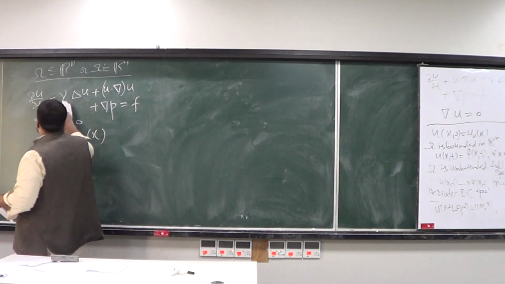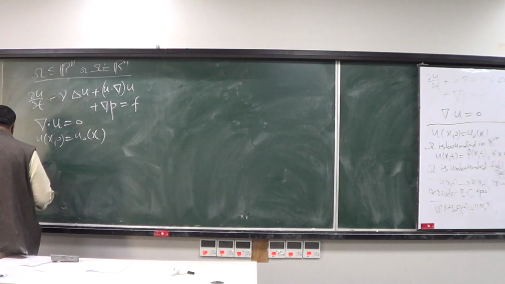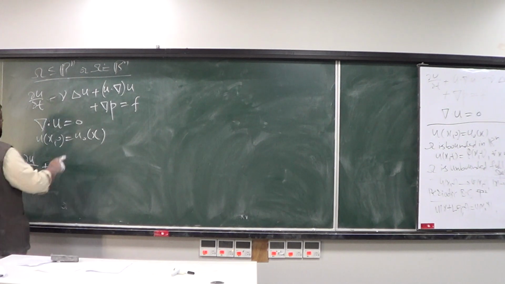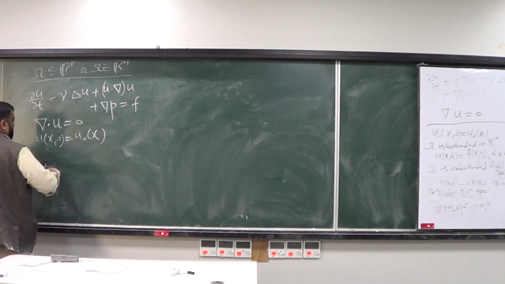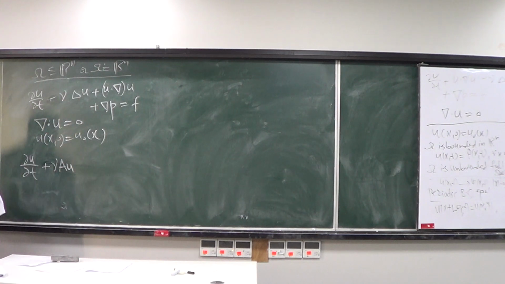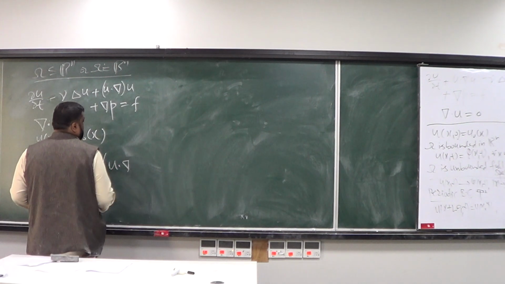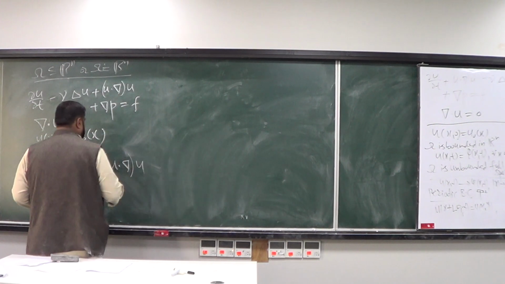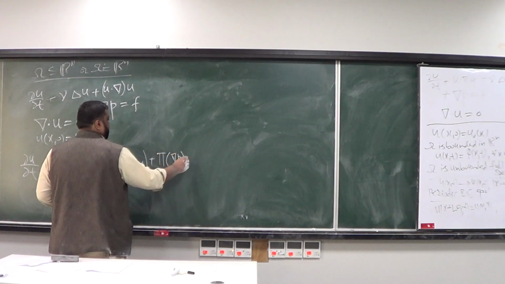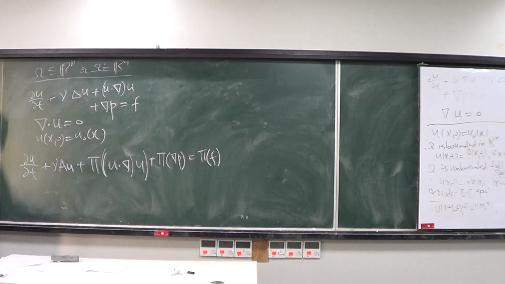The projection of minus Laplace u is going to be nu Au, plus the projection of u dot del u, plus the projection of the gradient of p, plus the projection of f. This is what you're going to get.